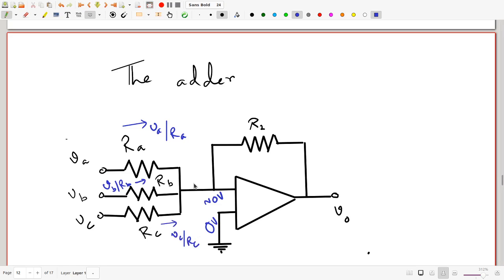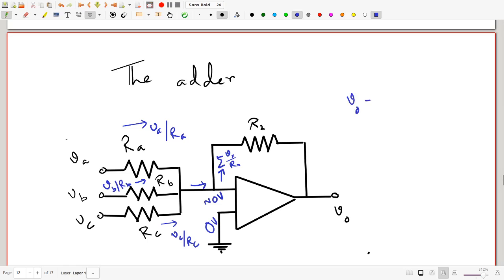So the net current flowing into this connection here, not into the inverting terminal of the op-amp, but into this connection, is VA by RA plus VB by RB plus VC by RC. So sigma Vx by Rx, where x stands for A, B, C here, is flowing into the resistance R2 for the simple reason that very little will flow into the op-amp. So the drop across R2 will be this current times R2.